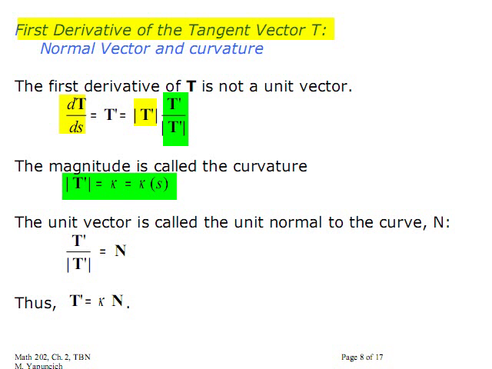Remember, the curvature varies with s, where it varies along the length of the curve, but I usually don't specify it, just to keep the notation simple. The unit vector created here is the normal vector N. So here's the equation for the derivative of the tangent vector: the first derivative of the tangent vector equals the curvature times the normal vector.